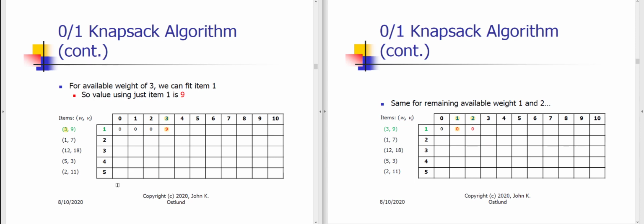All right, so if we have 3 units of weight available in our knapsack, item 1 will fit, and the value of item 1 is 9. So that's the maximum achievable value.